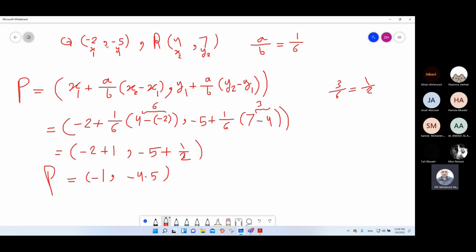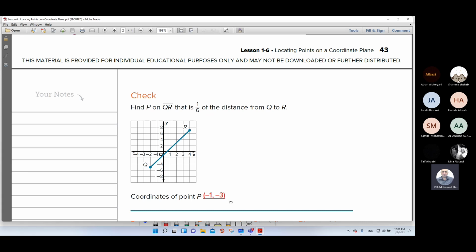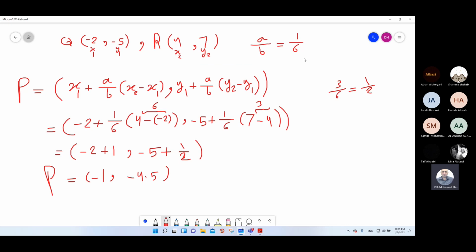Here negative 2, negative 5, and here 4 and 7. And here we have 1 over 6. It's correct. Then y1 here, negative 5. A over B means 1 over 6. y2 here 7. We have the mistake here.